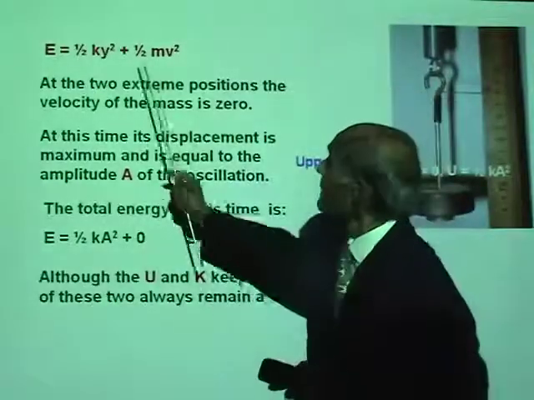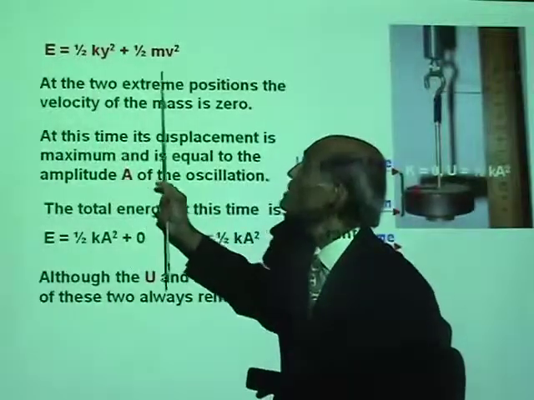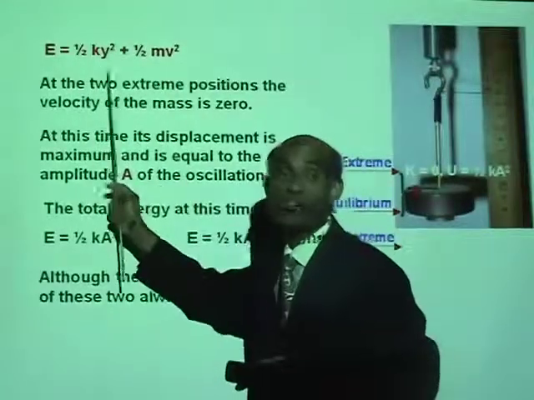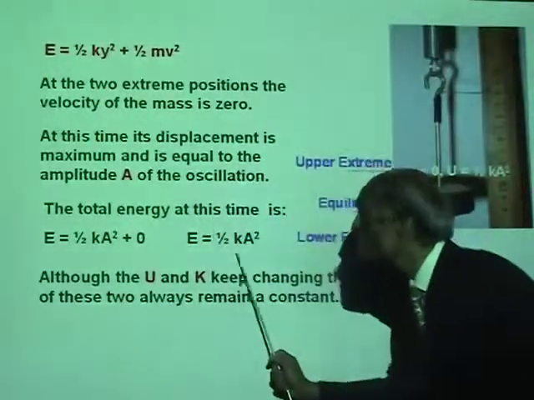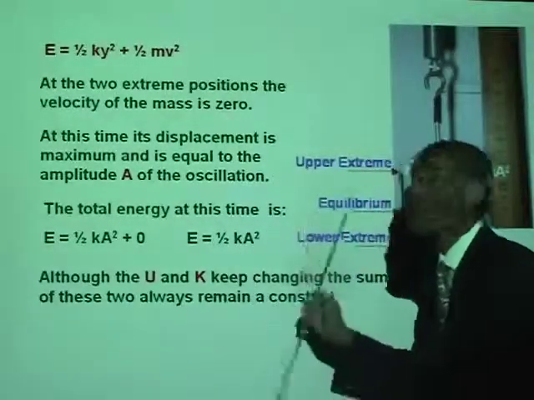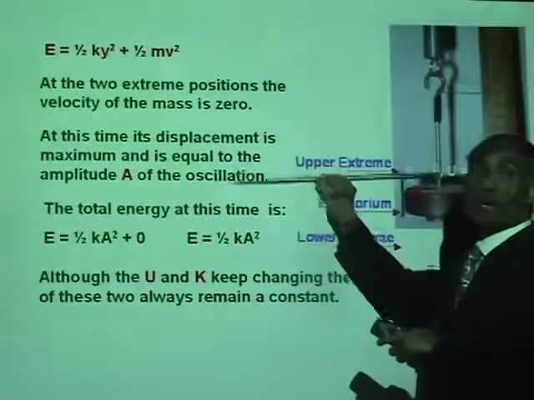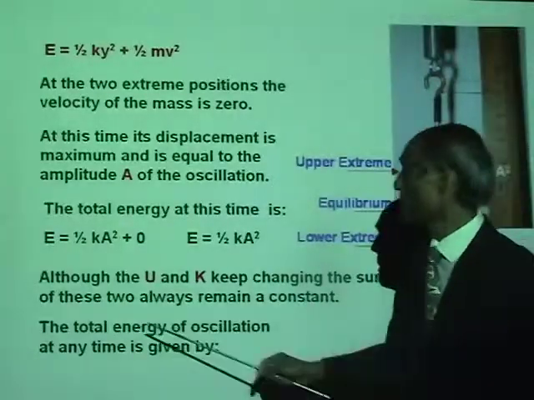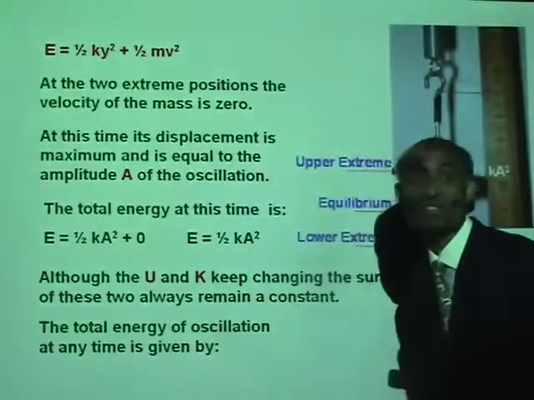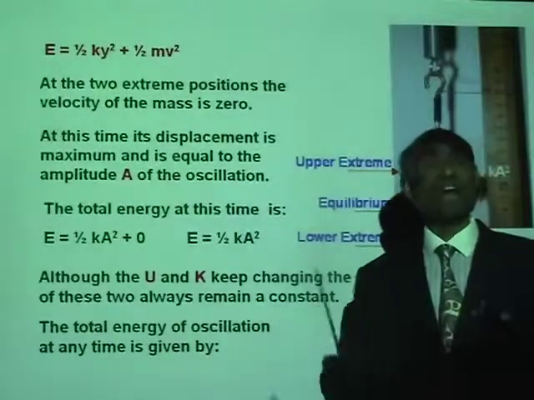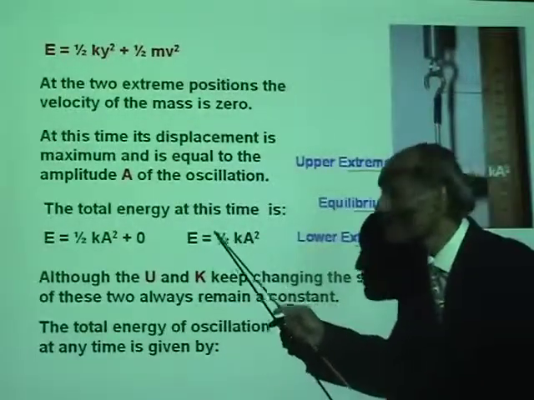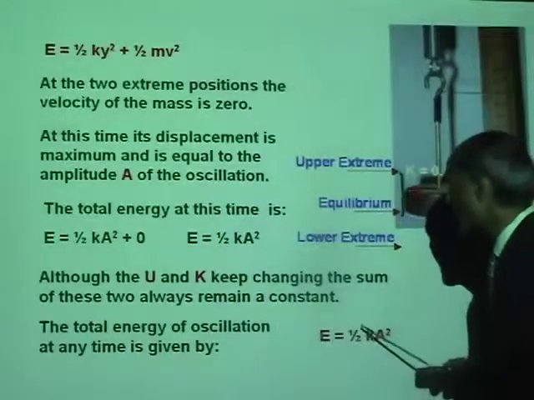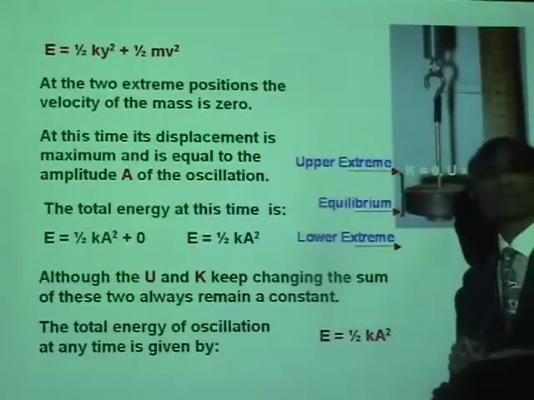So, if this is the total energy at any given time, this total energy must be equal to this total energy when it is at the upper extreme or at the lower extreme. Therefore, the total energy of oscillation at any given time can be represented by this, equal to 1/2 k A squared.